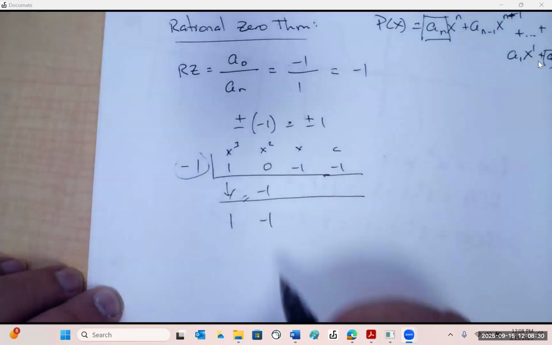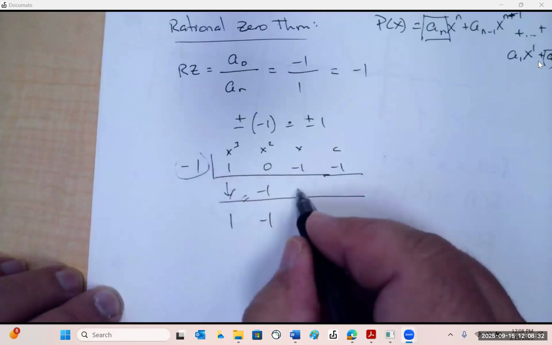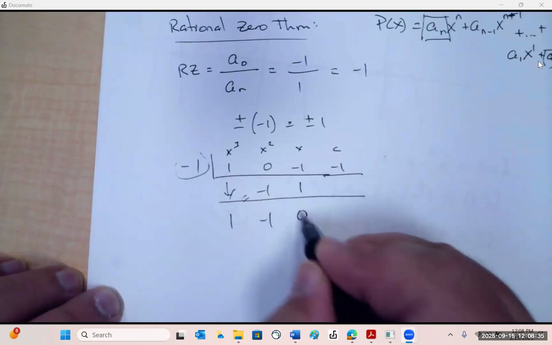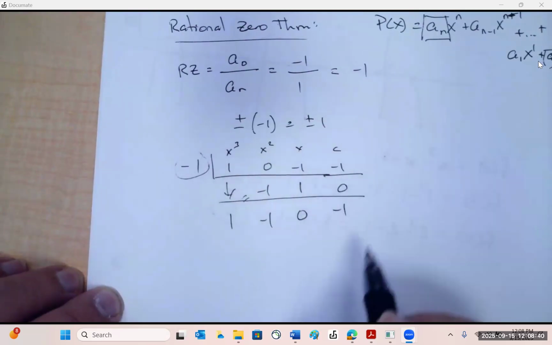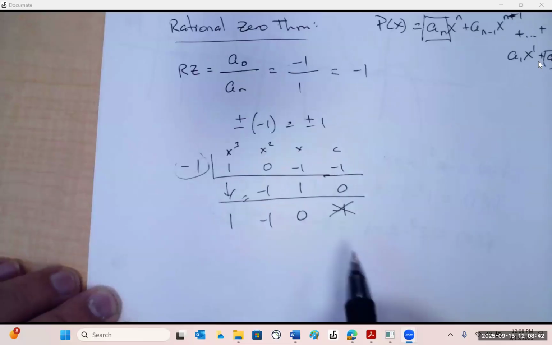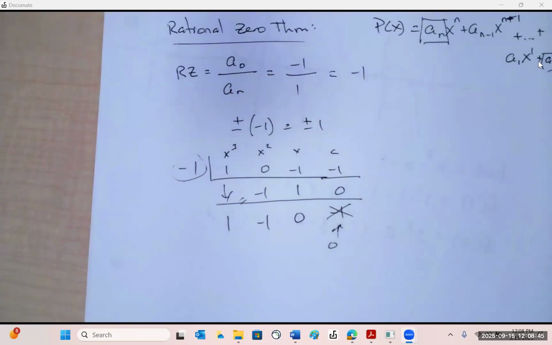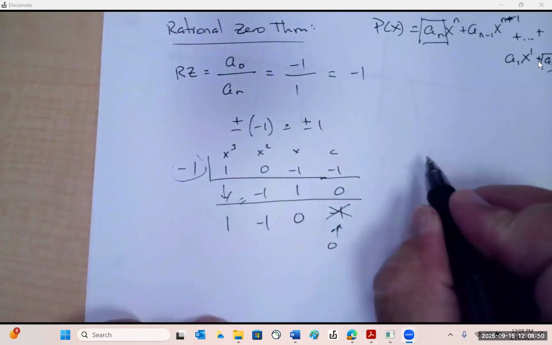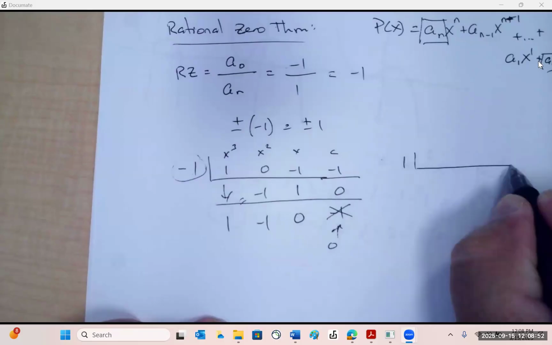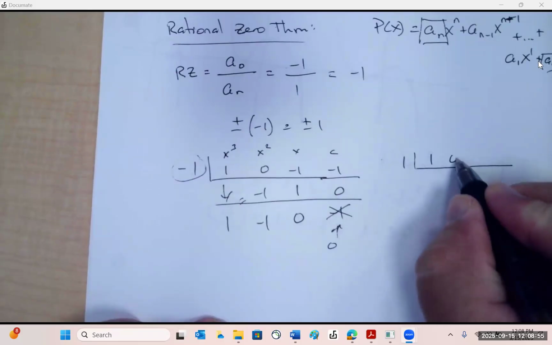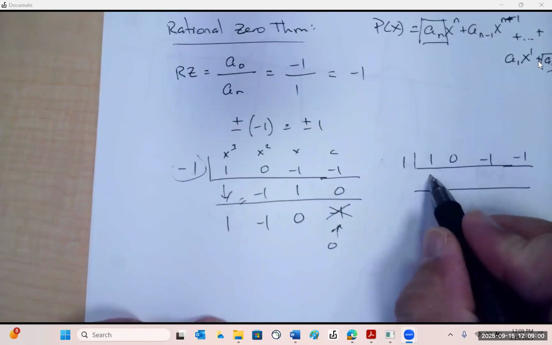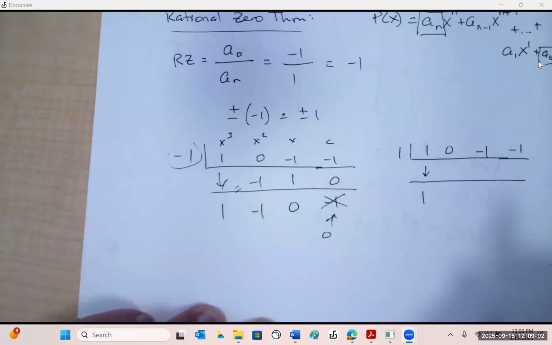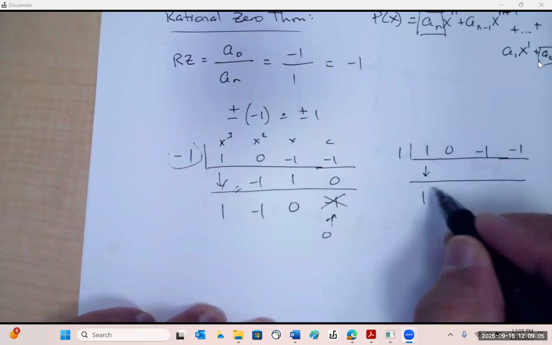Add those two. -1 times -1 is 1. 1 minus 1 is 0. -1 times 0 is 0. We're looking for an answer of 0 here. One times 1 is 1.